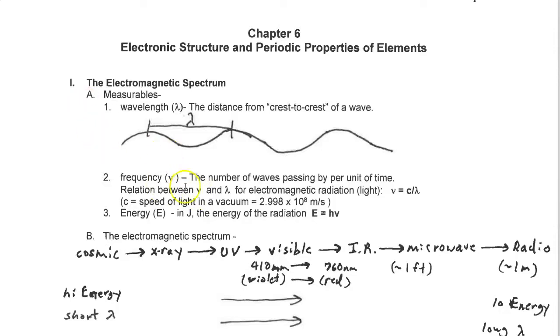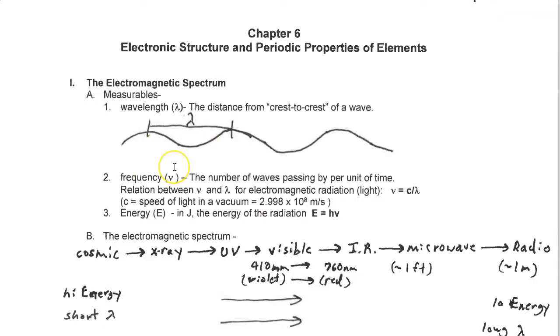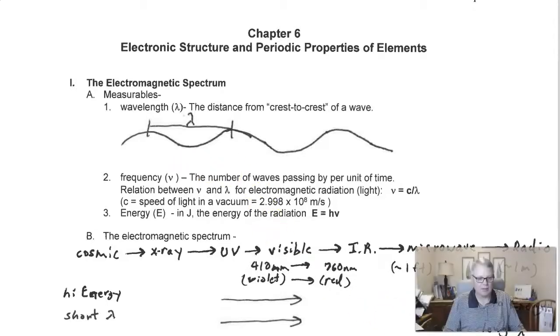Frequency is given by this little crooked V, which is nu, and it's the number of waves that pass by per, in this case, second. There's a relationship between the wavelength and the number of waves passing by per second for electromagnetic radiation, because all light travels at exactly the same speed in a vacuum.